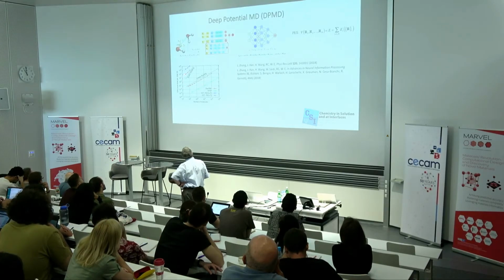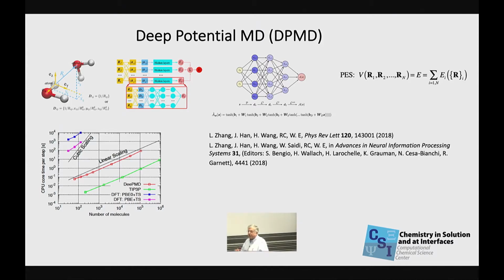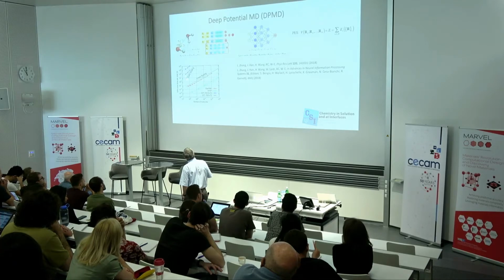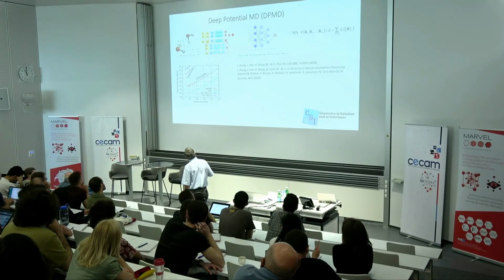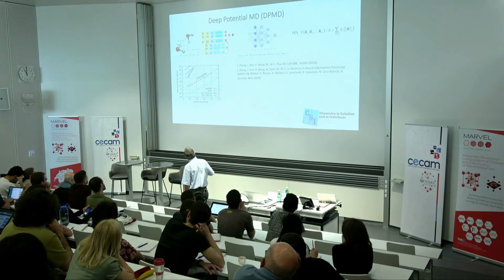and one can see that one achieved a dream that we had in the early days of the development. Julia, for instance, was very much involved in developing what are called order-N methods to do ab initio molecular dynamics. Now with the neural network and with this representation of the potential energy surface, we have linear scaling, whereas standard ab initio MD calculations have asymptotically cubic scaling, and these are the results with two different energy functionals.